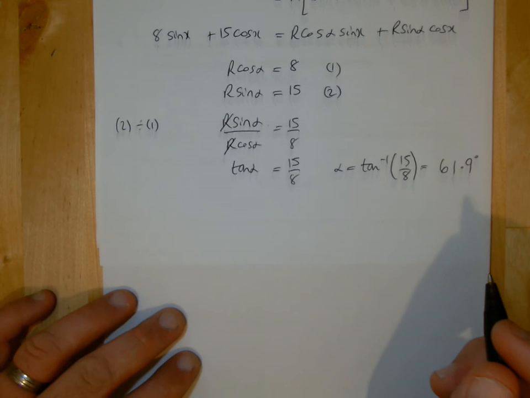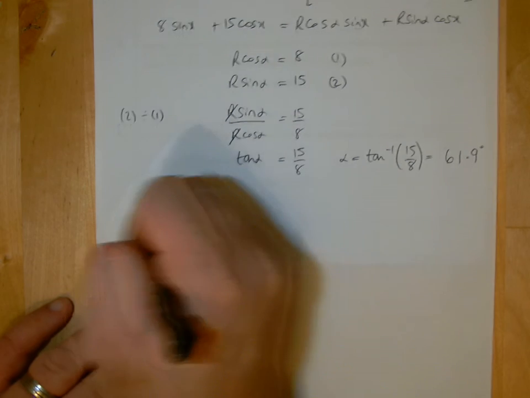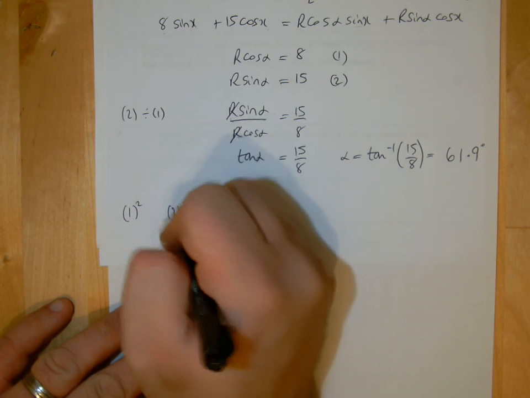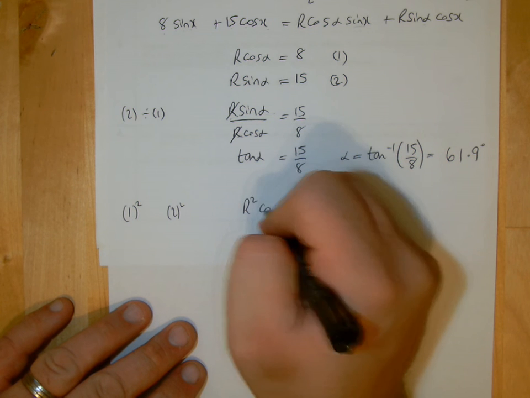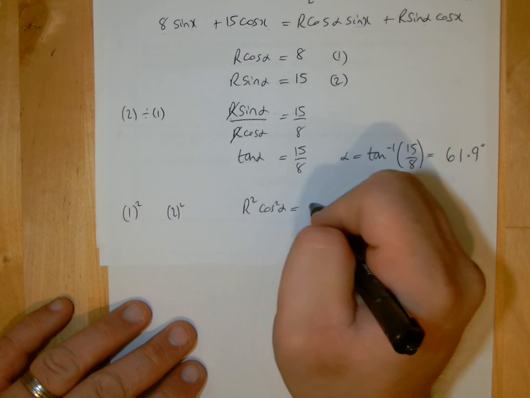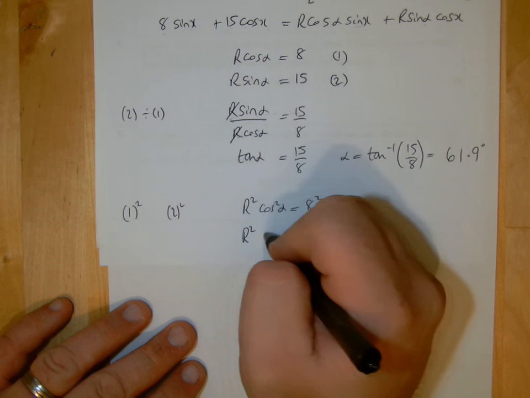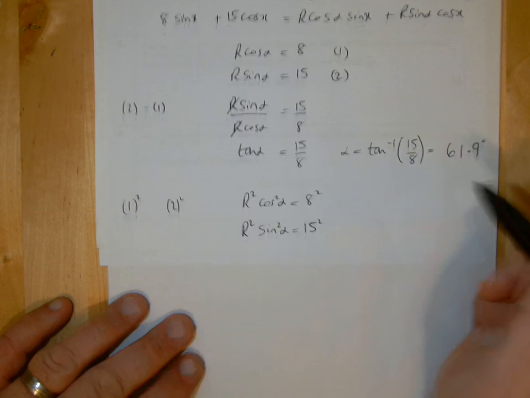So in regards to that, what you do is you rewrite 1 and 2, but you square them. So we'll do 1 squared and 2 squared. So we've got r squared cos squared alpha equals 8 squared. So that's all of 1 squared. 2 squared then will be r squared sine squared alpha, which will be 15 squared.